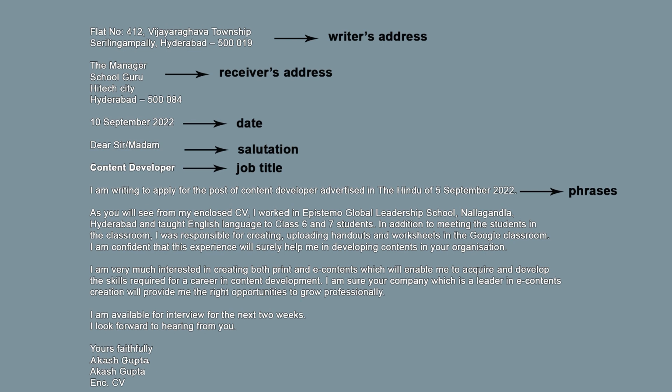Next is date. Then the salutation like dear sir, dear madam, or dear sir/madam, or dear Mr., Ms. plus surname as in dear Mr. Ganguly. Salutation is followed by job title in bold letter. Then you state your purpose for writing.